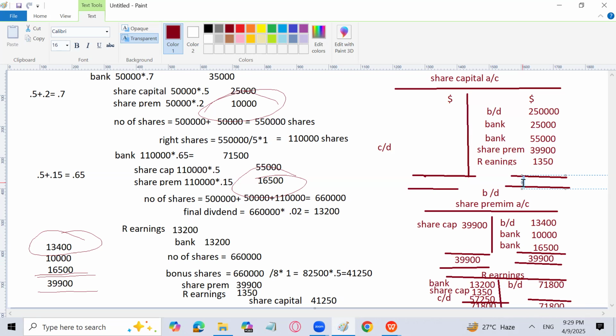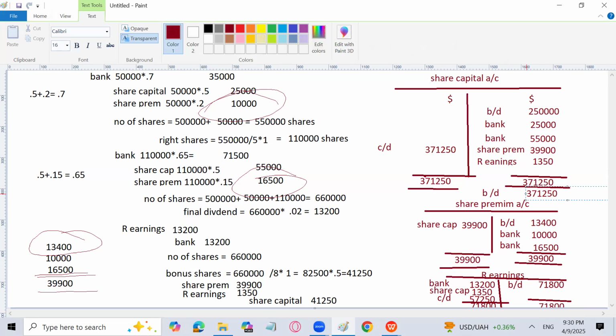That is 371,250. I will write here also 371,250, and I will write with the carry down here 371,250. So this is how we are done with that, and brought down I can write that is 371,250. So we have done with the accounts, but I have passed the entries also.